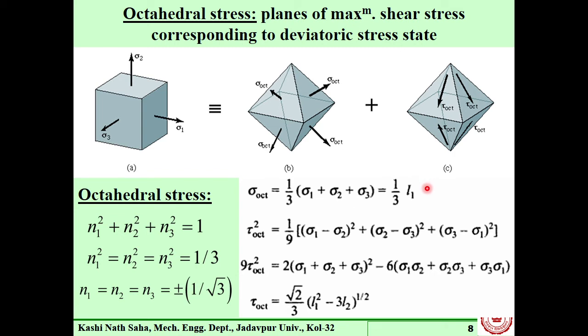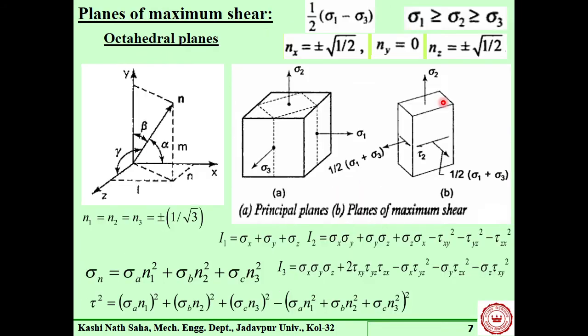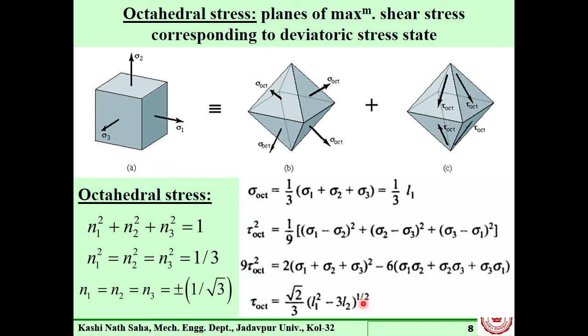What is the magnitude of this octahedral shear stress? Here again it is 1/3 of this. All through we are getting 1/3 as such. That means 3, in square it will become 3, and then it will become 1 by 9, and the remaining thing can be expressed in this form.